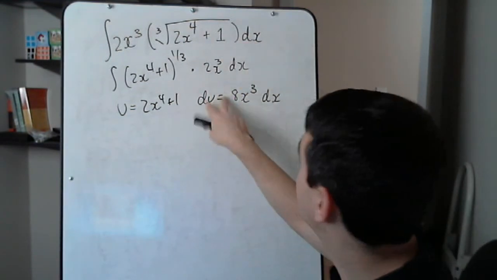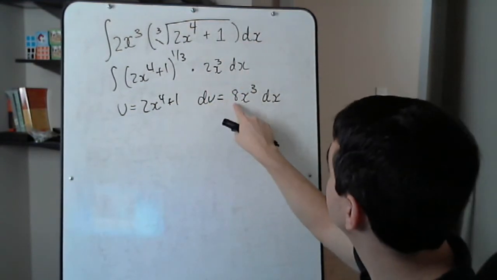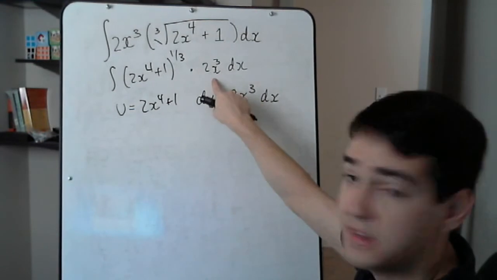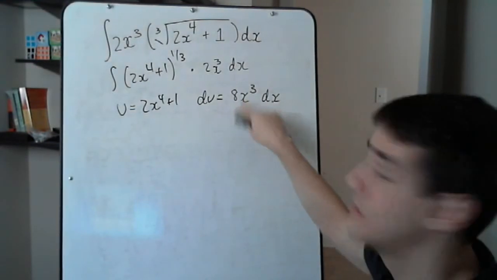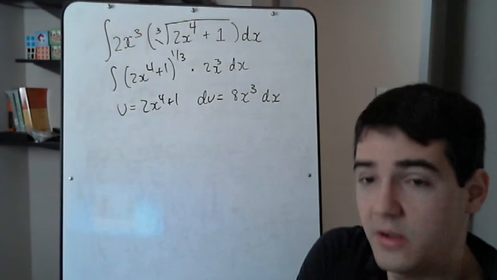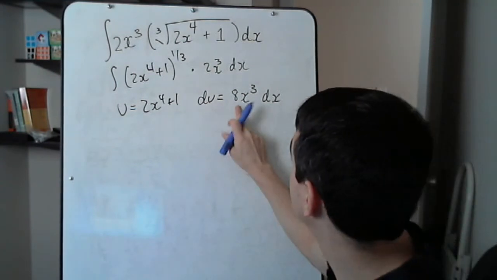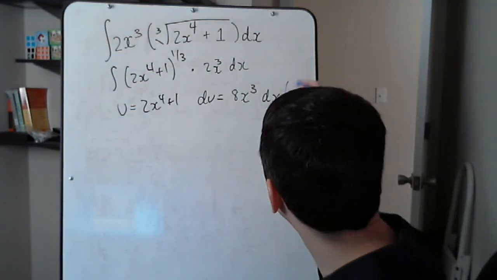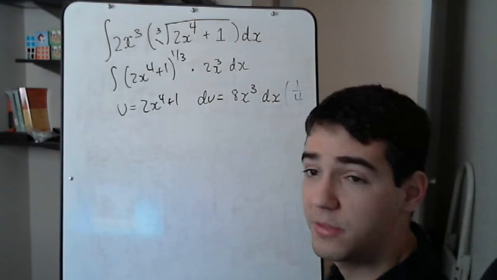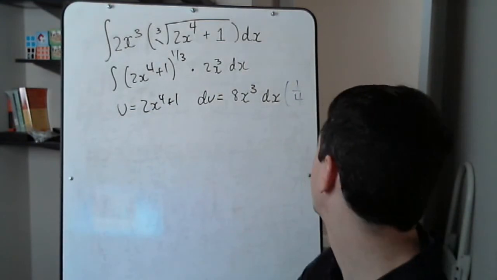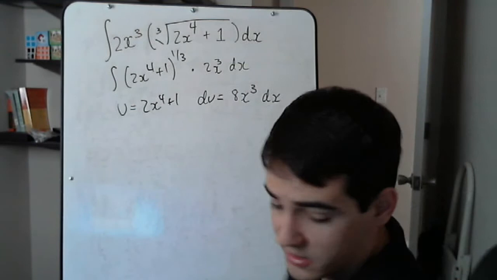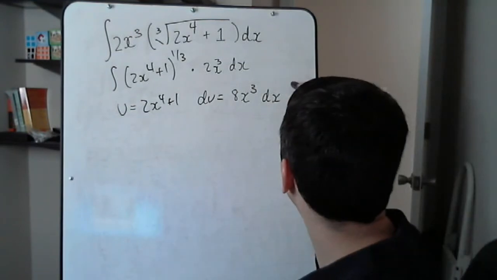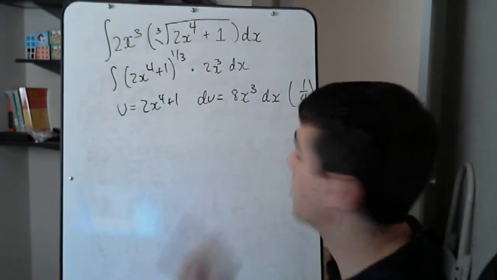So now you ask yourself, what can I multiply this by to get that? Well, I can multiply both sides by 1/4.